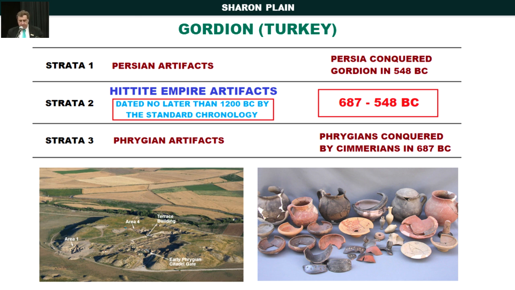That's the top layer. The Phrygian kingdom came to an end when it was attacked by the Sumerians in 687 BC. Now, this left the level 2 stratum sandwiched neatly between these two very precise dates of 687 and 548 BC.